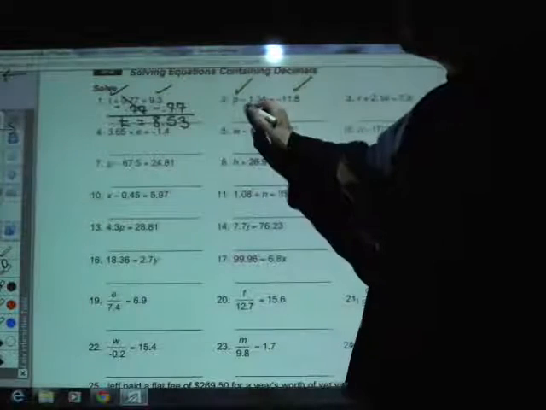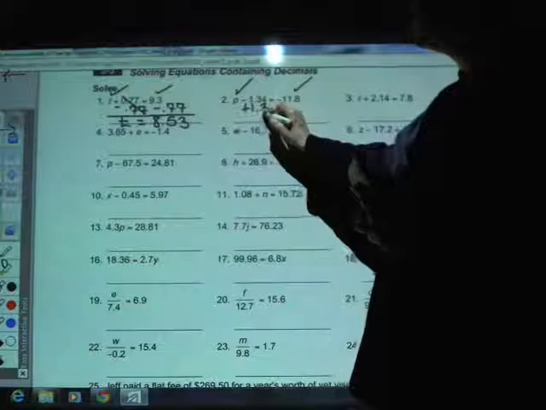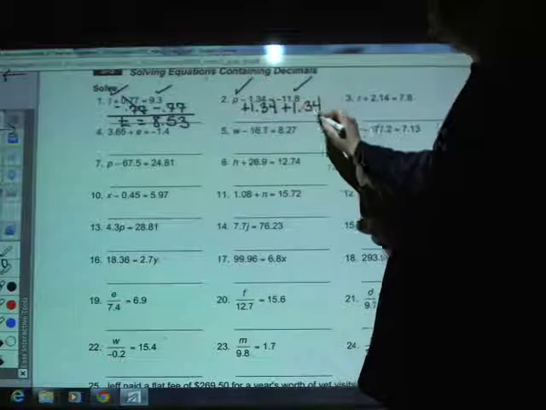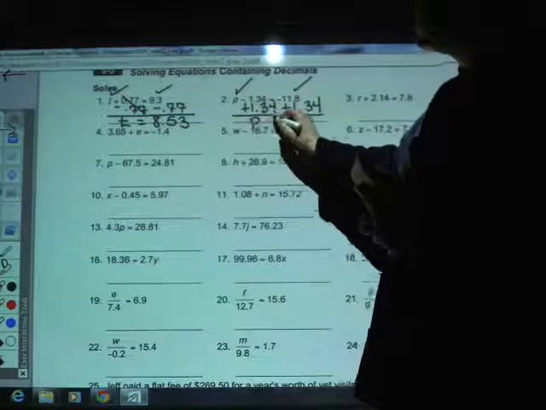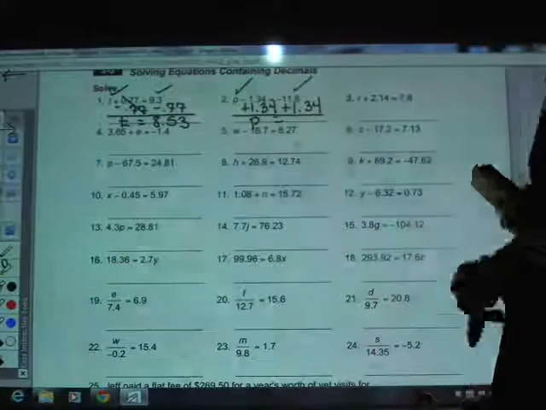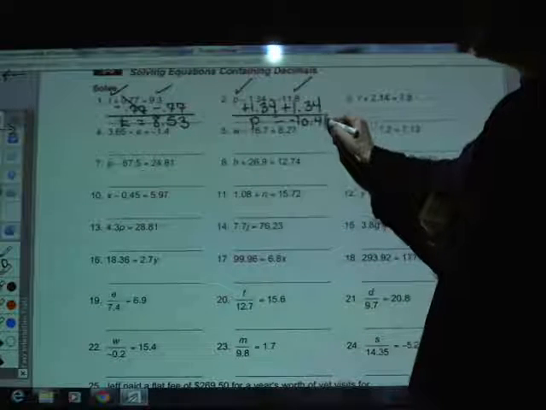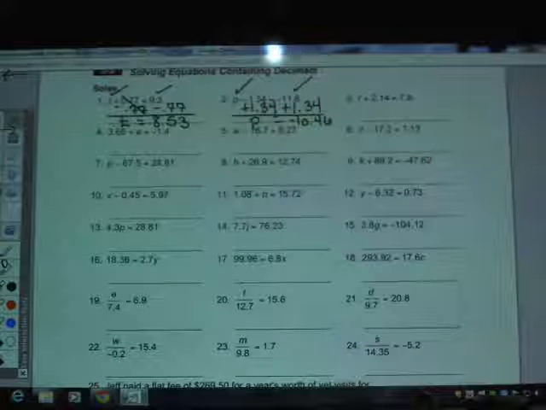So I'm adding 1.34 to both sides. Okay, so I've got negative 11.8, make sure you get that right, plus 1.34, and when I do that, I get negative 10.46. So p equals negative 10.46.